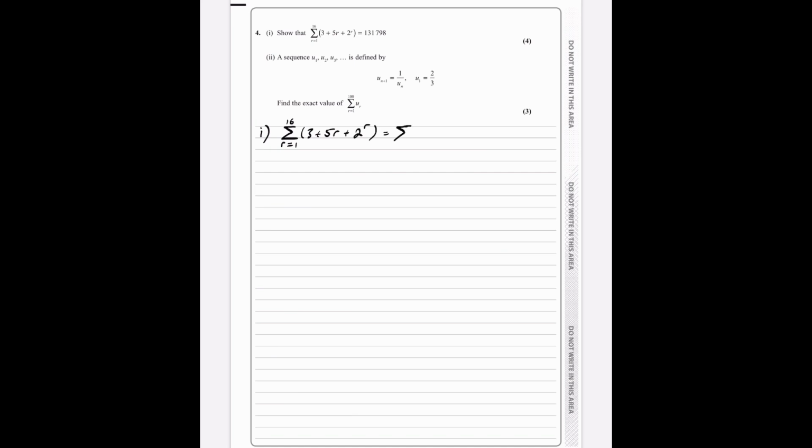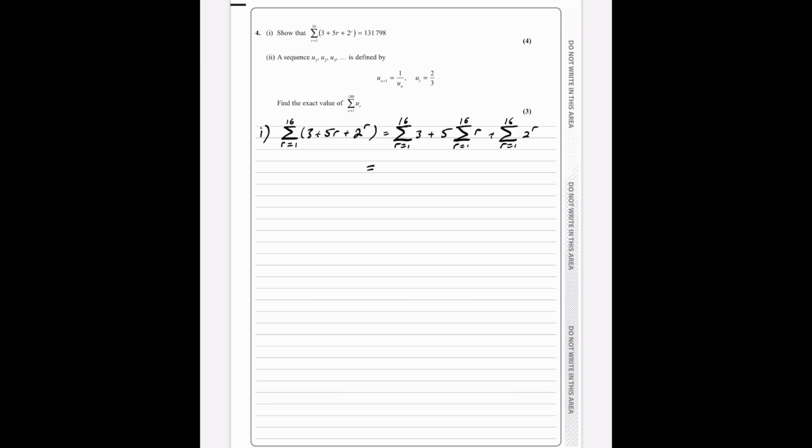The first one is just a sum from 1 to 16 of 3, so that is 16 threes added together. And then we're going to have 5 lots of the sum of r from 1 to 16. I've actually taken the 5 out of the front of that summation. And then the last bit, the sum from r equals 1 to 16 of 2 to the power of r. That's going to be a geometric series there.